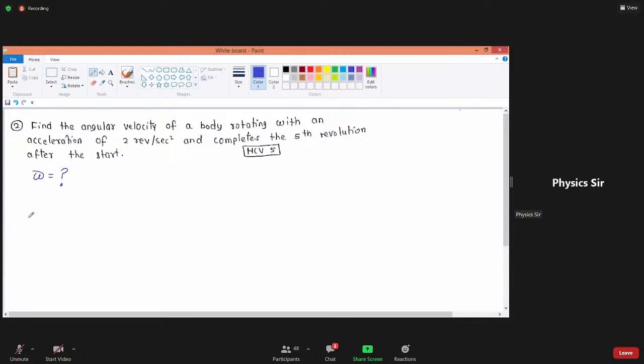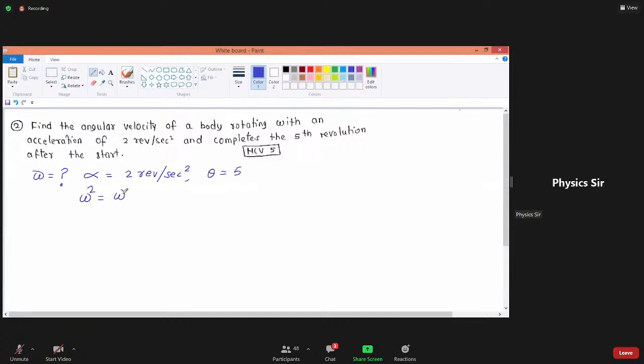Find the angular velocity of a body rotating with an acceleration of 2 revolutions per second square and completes the 5th revolution. कितना revolution? 5th.